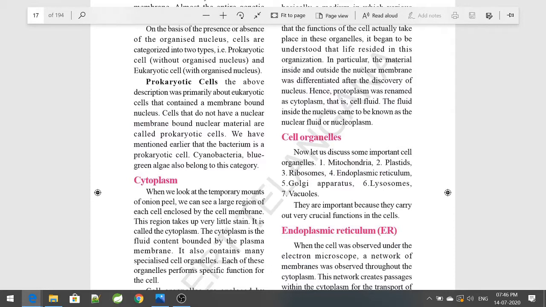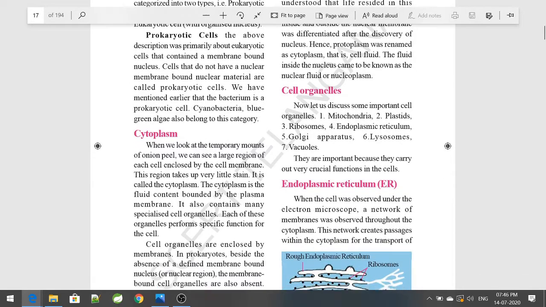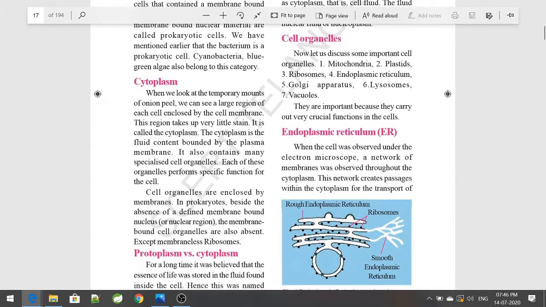It is the main organelle, or brain, by which all the things are performed. So after the discovery of the nucleus, we again call it only cytoplasm.